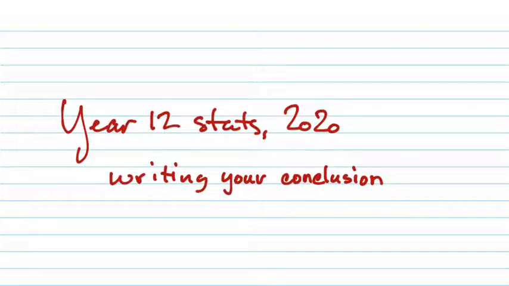Everything about your conclusion is based on the informal confidence interval. And everything about writing your conclusion based on the informal confidence interval is based on whether or not the confidence intervals overlap. Because remember that in your original question, you asked, I wonder if the median of this one is bigger than the median of this one, right?